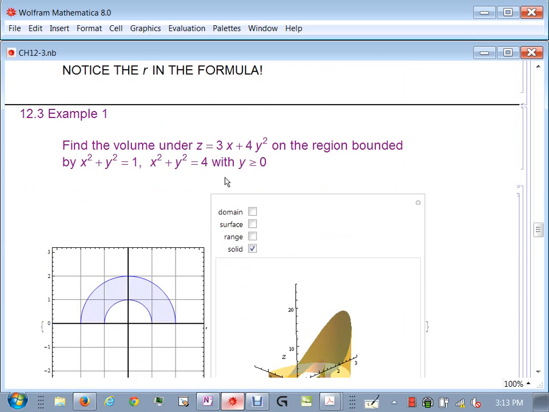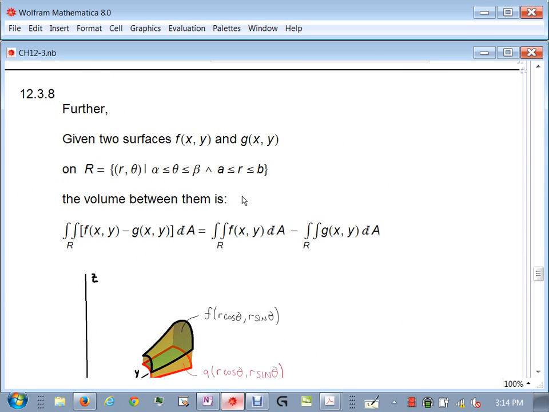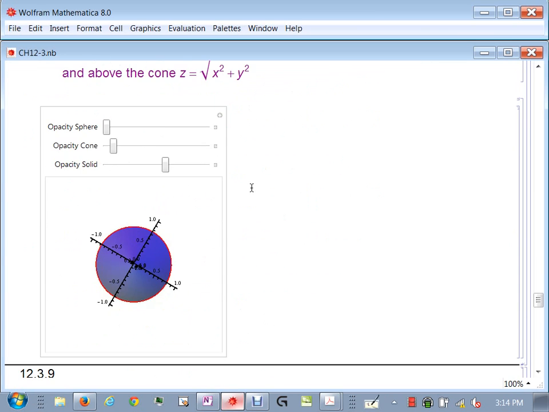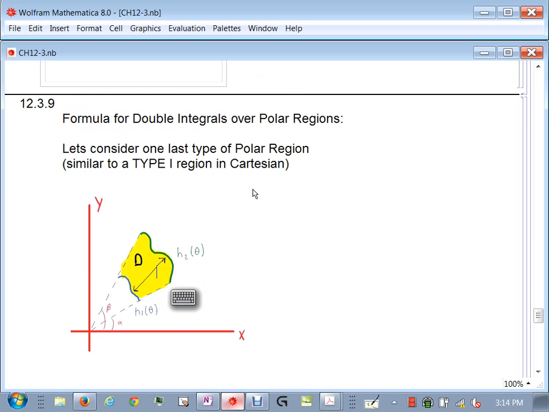12.3, polar, we did that. Okay, so if we had type 1 regions in Cartesian, then we're also going to have type 1 regions in polar. Type 1 meaning, well, the regular rectangular region in polar was our two variables, r and theta, trapped between constants, right?